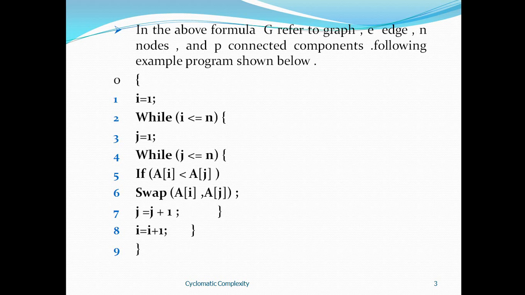I equal to 1 while I less than or equal to n, and j equal to 1 while j less than or equal to n, and if a of I less than or equal to a of j, swap a of I comma a of j, j equal to j plus 1, I equal to I plus 1, and the program ends.